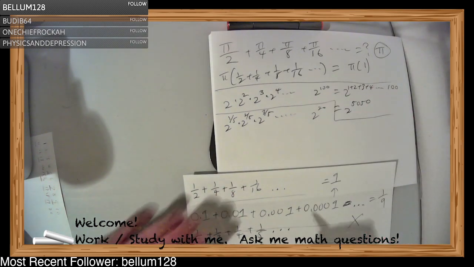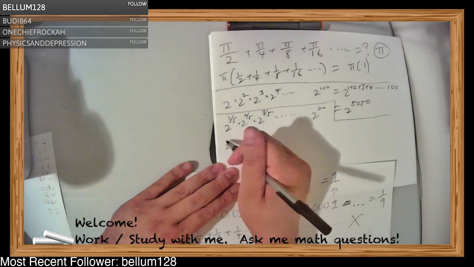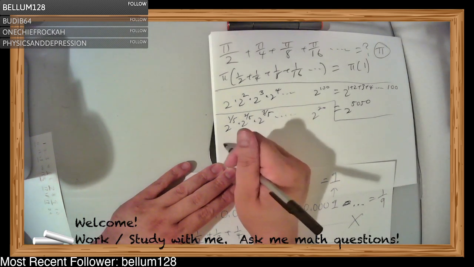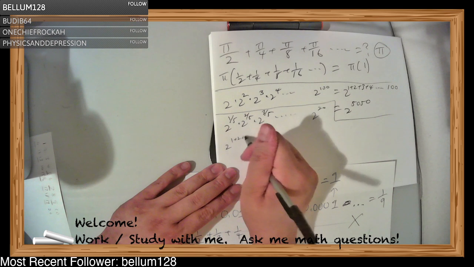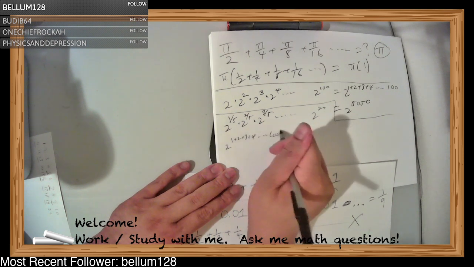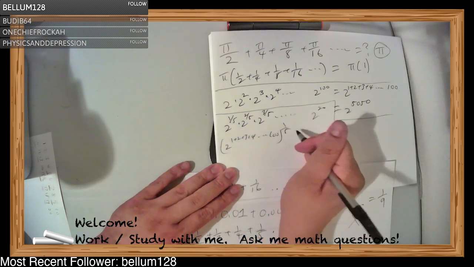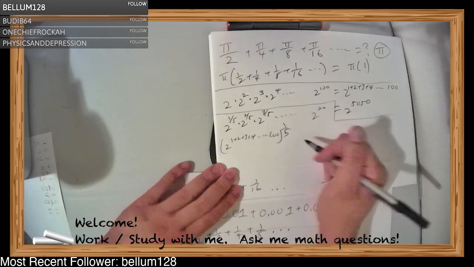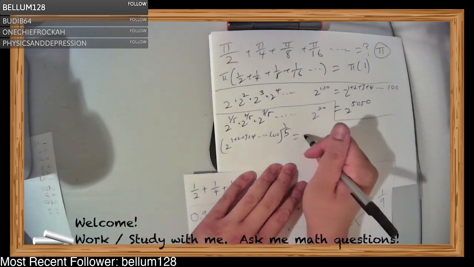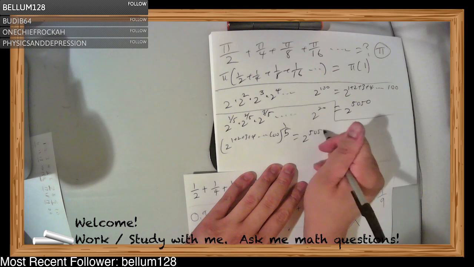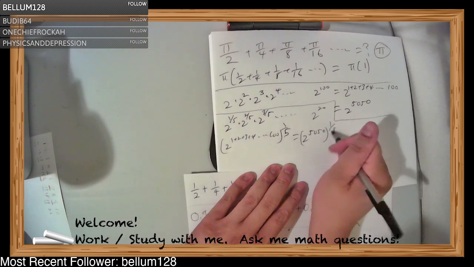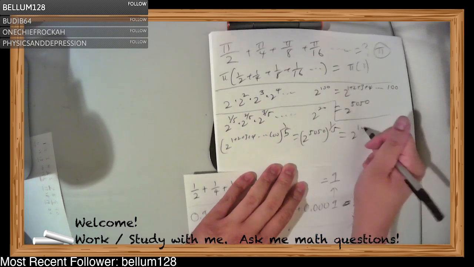But yeah, so this is equal to 1 plus 2 plus 3 plus 4 dot dot dot 100 to the 1/5. And in this case, we would get 2 to the 5050 to the 1/5, which is equal to 2 to the 1010.